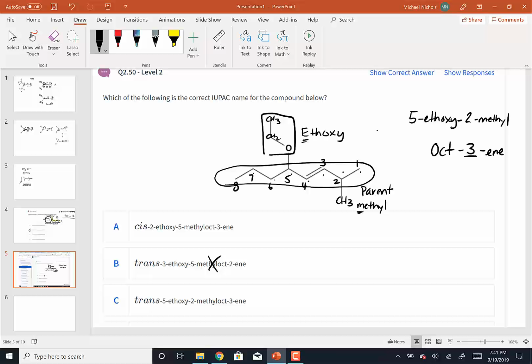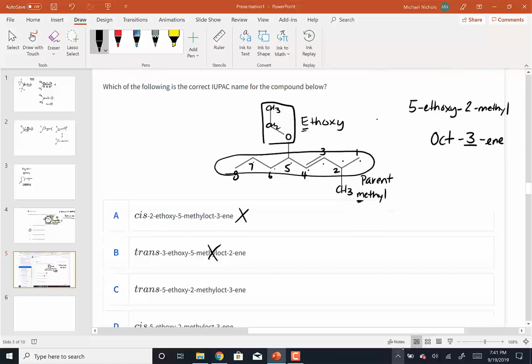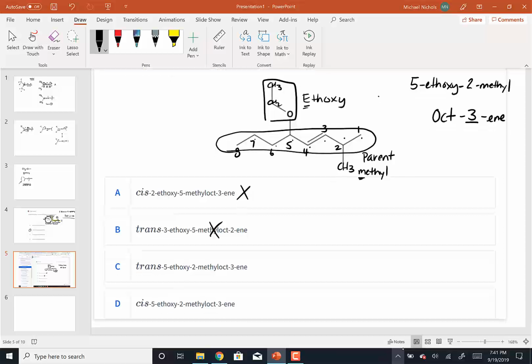Okay. So looking at this, we've got a 5-ethoxy, so that eliminates this one because it says 2-ethoxy. And so now I'm down to C and D, and with C and D, I have 5-ethoxy, 2-methyl, octene, but now I have the cis or trans stereochemistry.